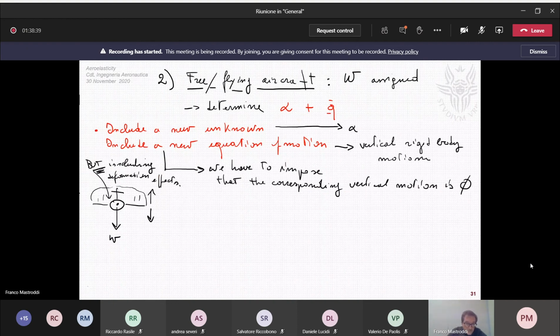How can we do this? So it's not complicated, it's easy. We have just to generalize what we obtained before.